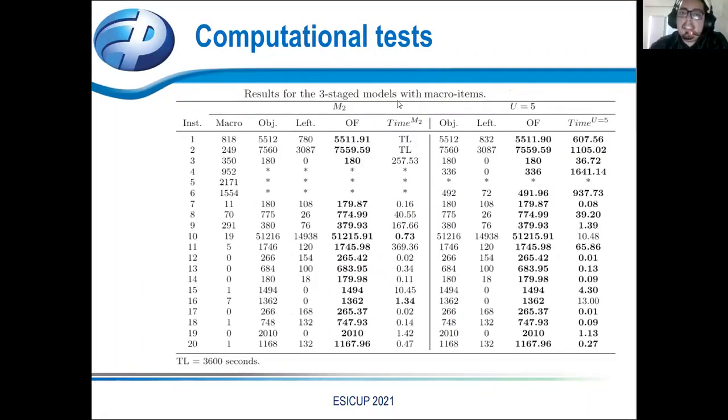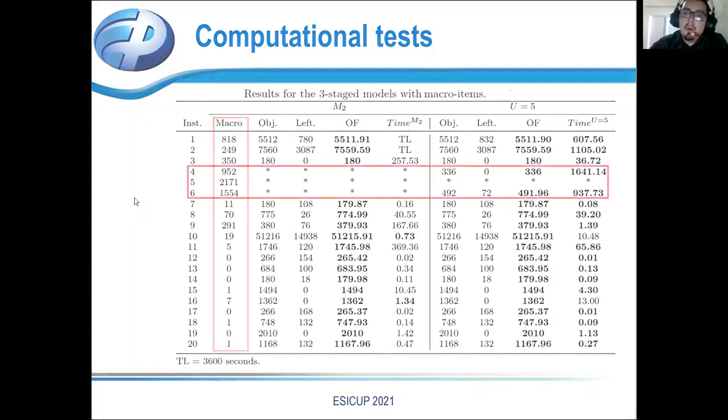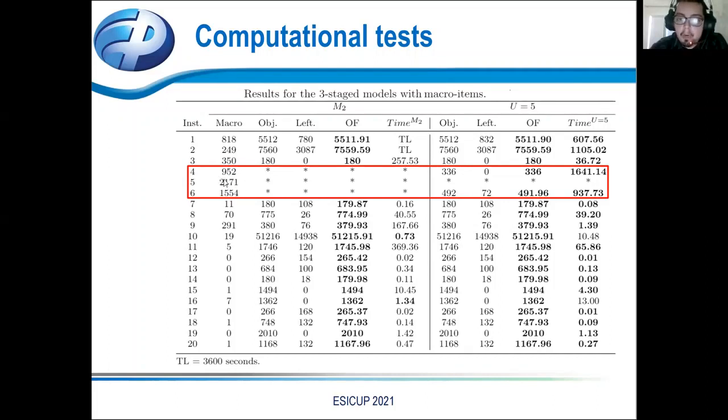For the three-staged models, that means with macro items, here we have a new column that indicates the number of macro items for each instance. We have these three instances that are very interesting because they have a really large number of macro items, with impacts in the models, in the solving time.